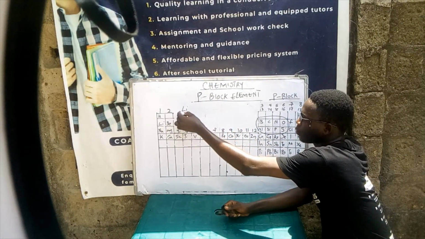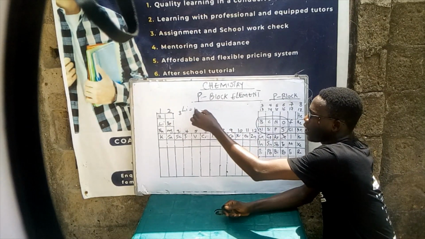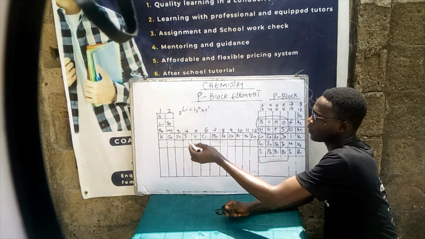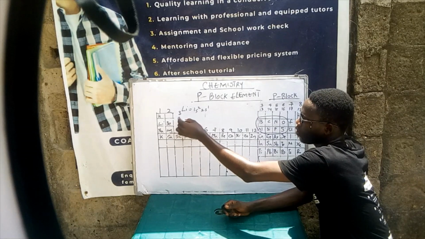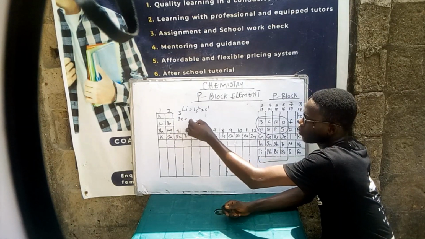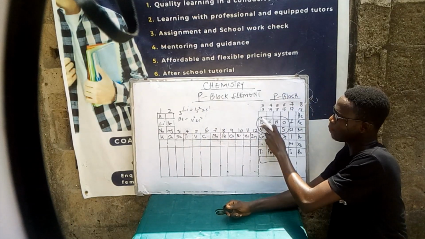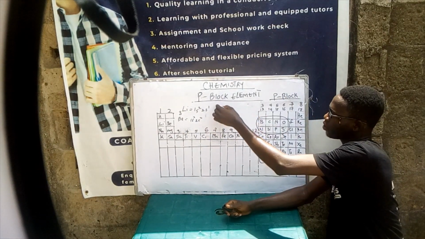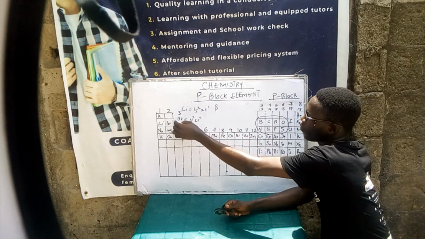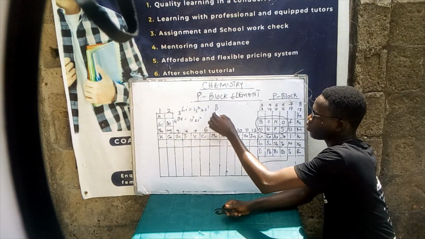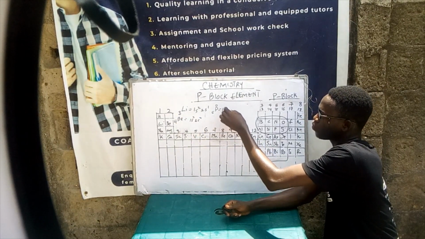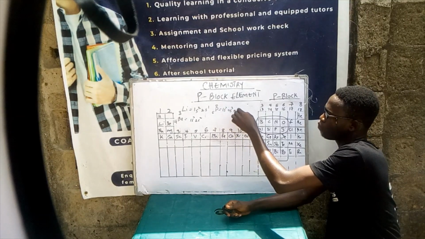Lithium has atomic number 3, so it's going to be 1s2, 2s1. Beryllium is going to be 1s2, 2s2. But if you take boron, which has atomic number 5, it's going to be 1s2, 2s2, 2p1.